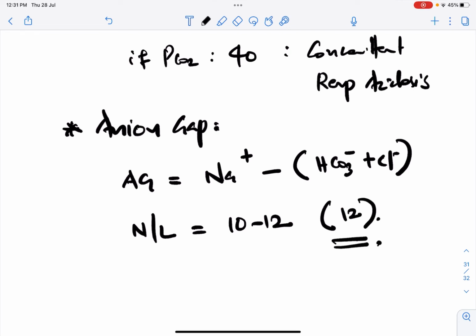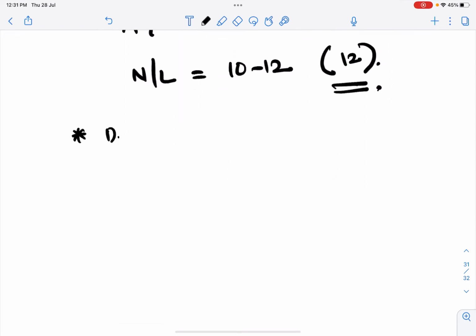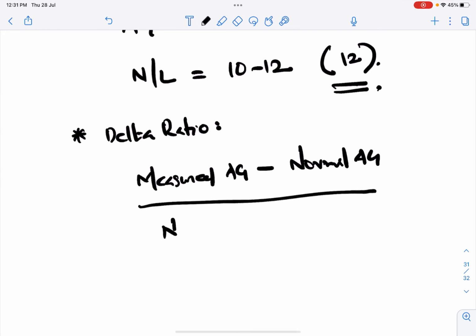After calculating the anion gap, we have to check the delta ratio. These things are only applicable to metabolic acidosis, not to metabolic alkalosis or respiratory conditions. The equation for the delta ratio is measured anion gap minus normal anion gap, divided by normal bicarbonate minus measured bicarbonate.